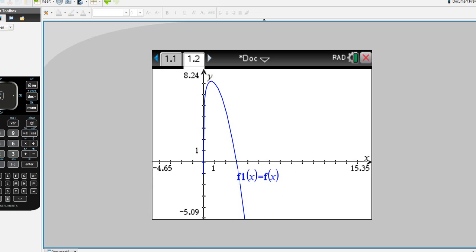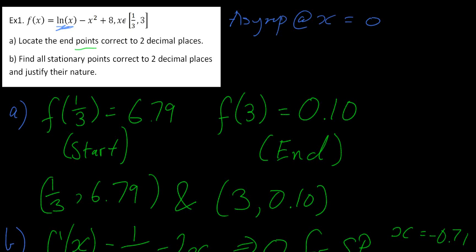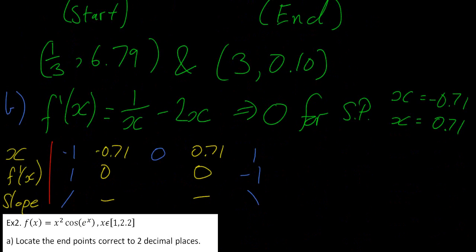Now over here, remember that you can't actually have a negative value inside your logarithm. So just going back over here, x can't be negative. So a lot of what we did over here is actually void because you can't have negative values of x.